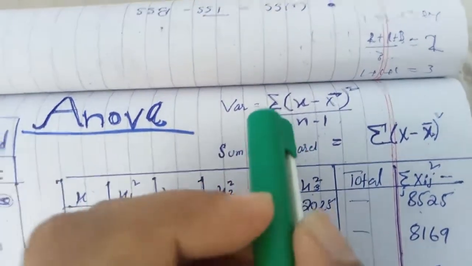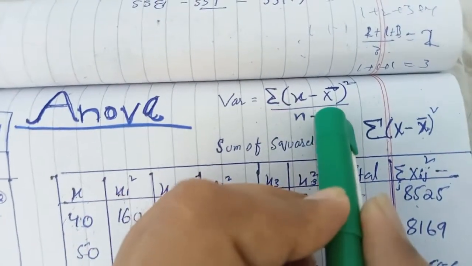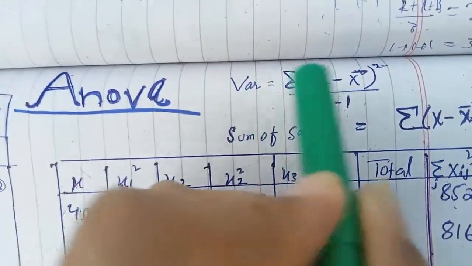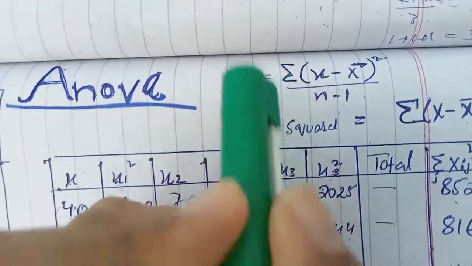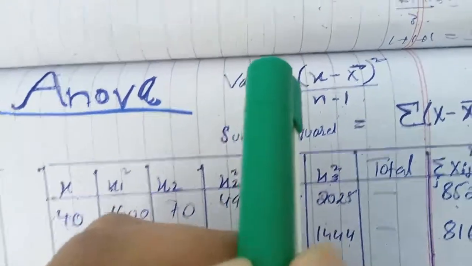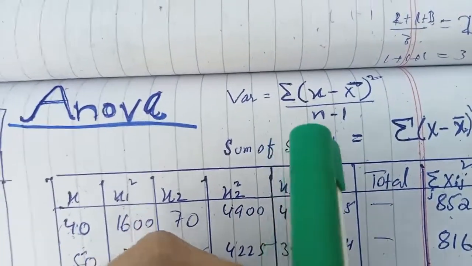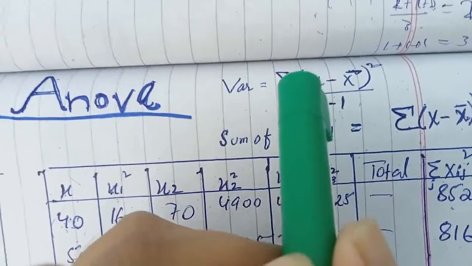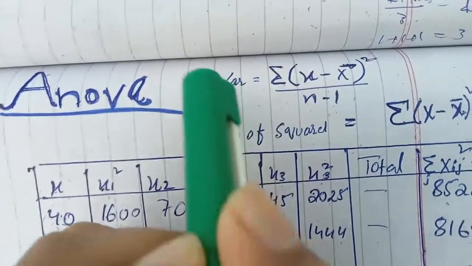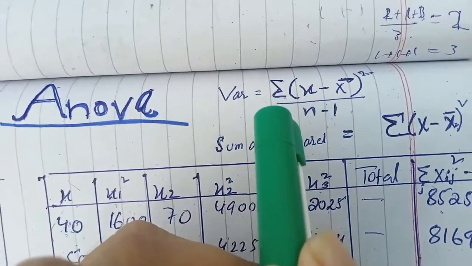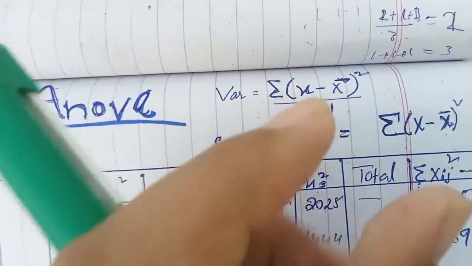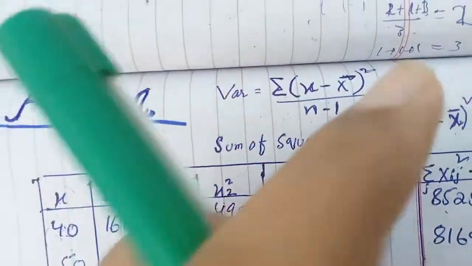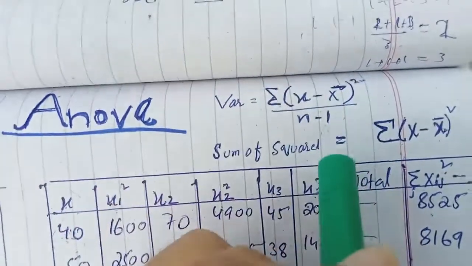Variance is basically the average of those data that are spread from the mean, from the center. Variance is nothing but the average of those data that deviate from the center, from the mean. This is what the variance is.